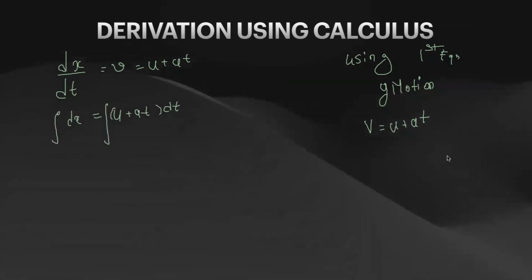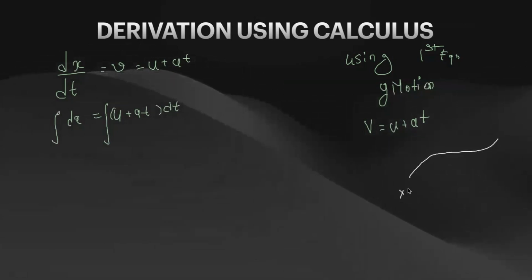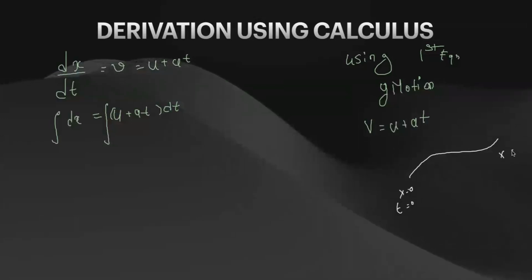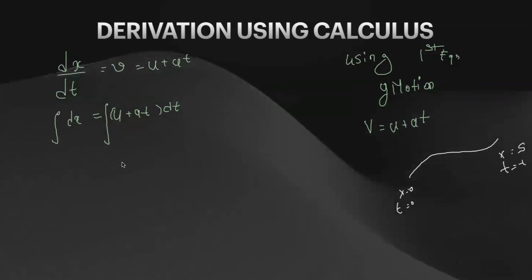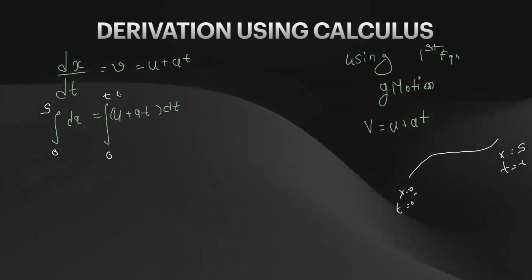Now, deciding the limits. I have traveled some path. Initially, the displacement at time t equal to 0 was 0. And at some time t equal to t, the car has traveled a displacement s. So x is from 0 till s, and time is from t equal to 0 till t equal to t.